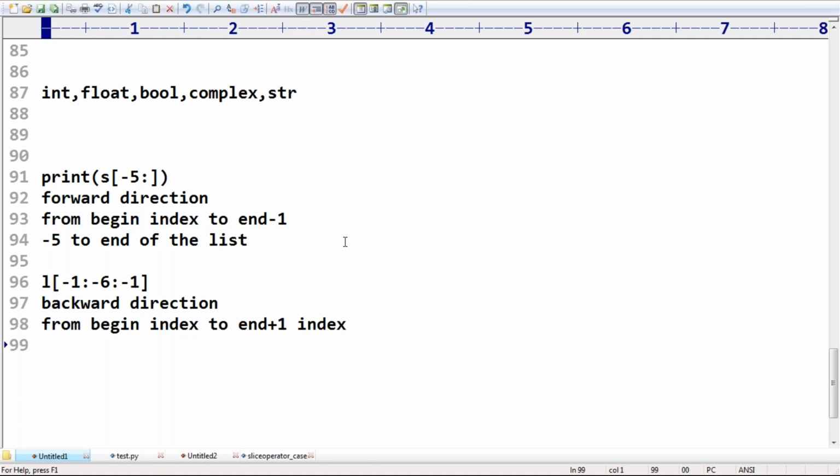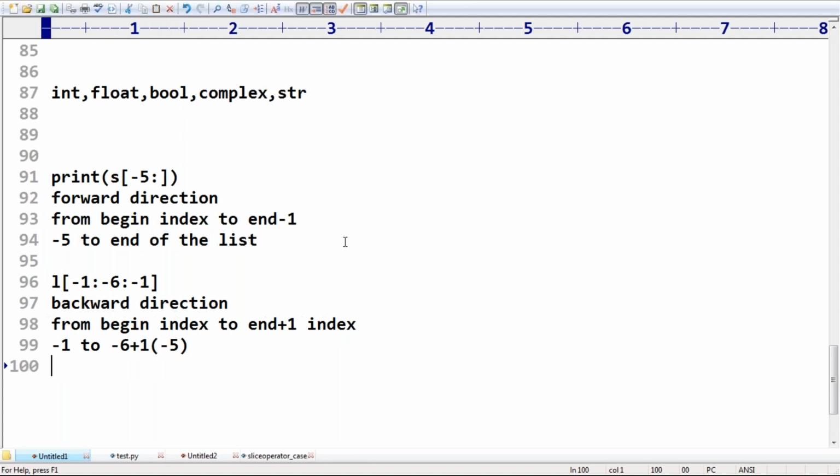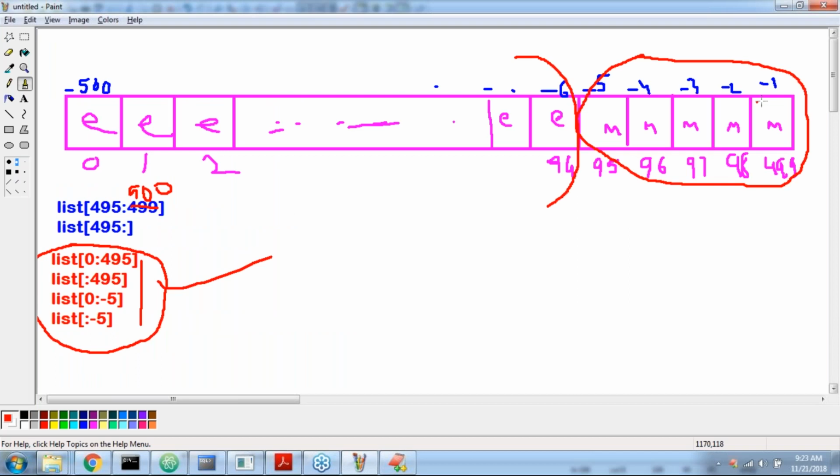Minus 1 to minus 6 plus 1 means minus 5. So minus 1 to minus 5, backward direction. Now also you are going to get only management employees. Getting it, Kumar?